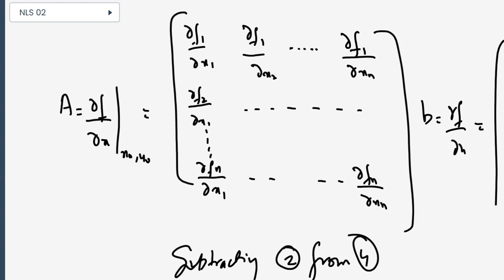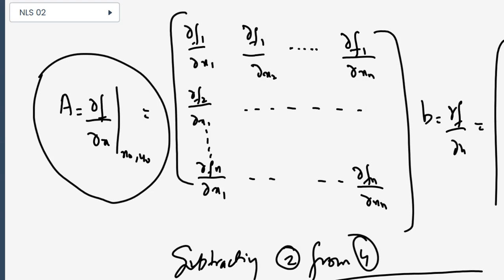So this equation gives us the linearized model of the nonlinear equation that we have in place, while the A and B matrices can be obtained using these formulas.